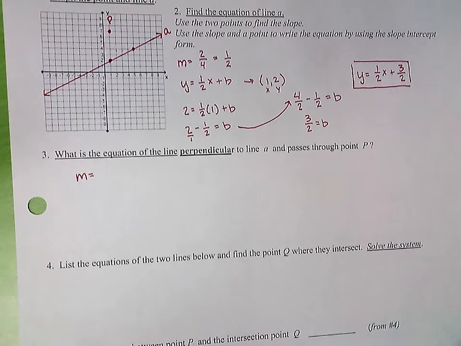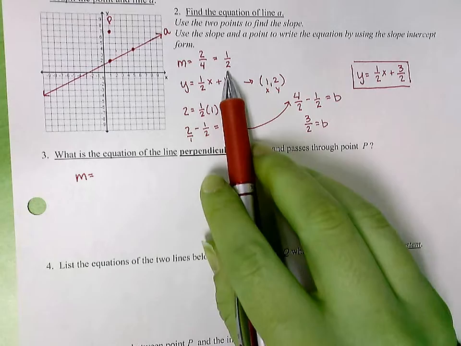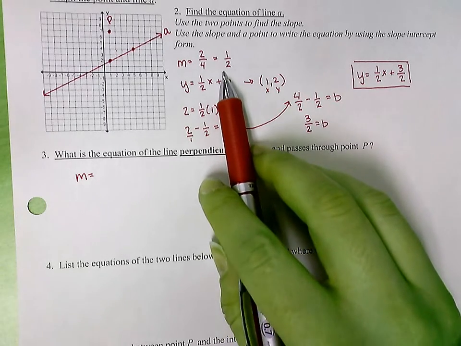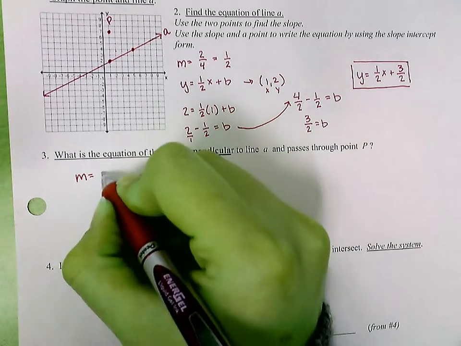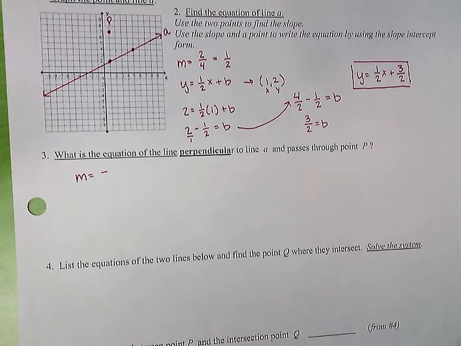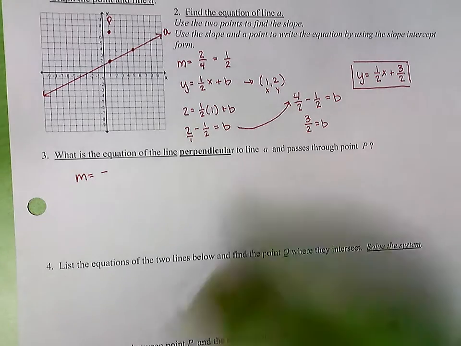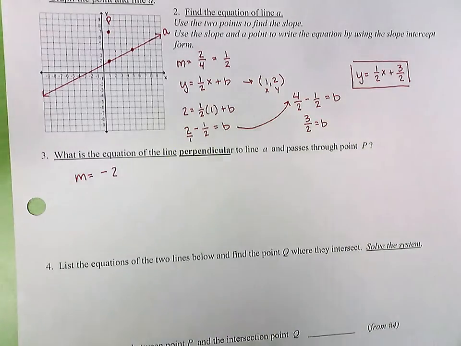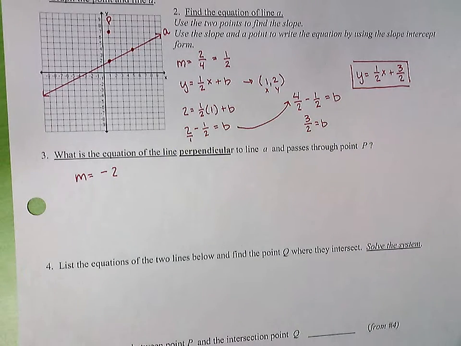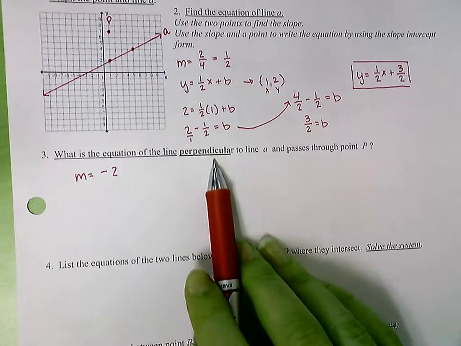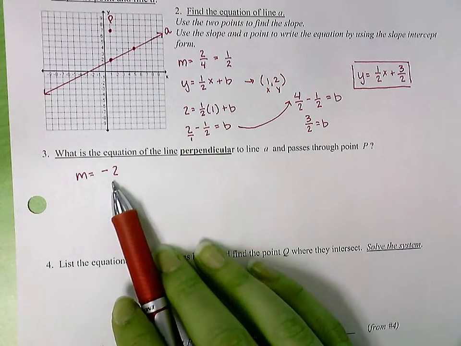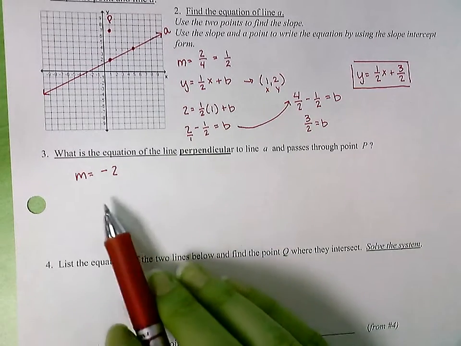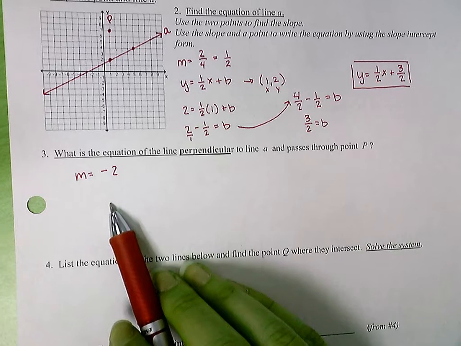Okay, so to find your perpendicular slope, you need to take the opposite reciprocal. So my slope here is 1/2, it's positive. For it to be perpendicular now, it has to be negative. That's the opposite. And then reciprocal, you need to switch your fraction. So now it's 2. So my slope of the line perpendicular will be -2. Somebody say why?